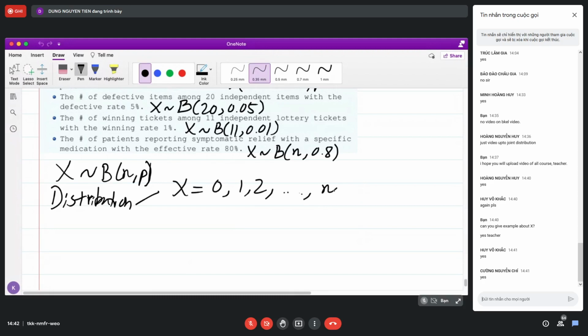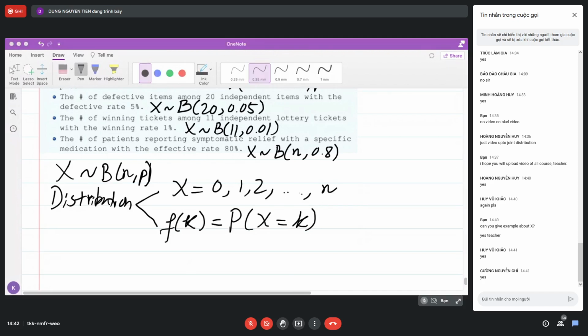Do you understand? And now you want to find the probability mass function. You want to find the probability that x equals k. Is that clear?